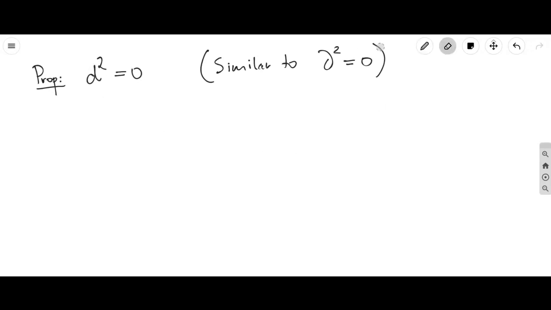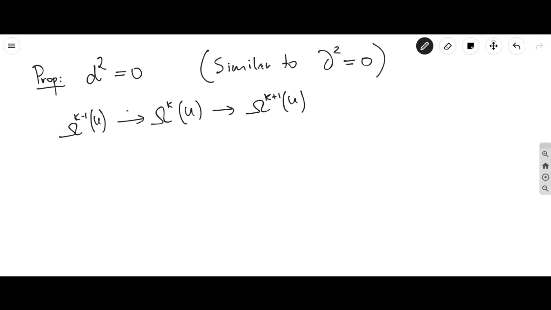And this is almost the same thing. More specifically, k forms go up to k plus 1 forms, and they come from k minus 1 forms. We have d over here and d over there, and if you compose it twice, you get the 0 mapping. That's what we mean by d squared is equal to 0.